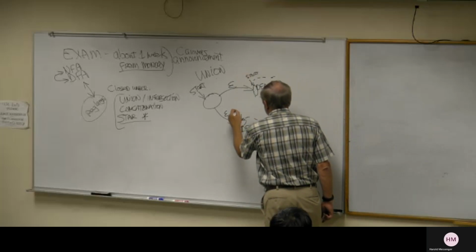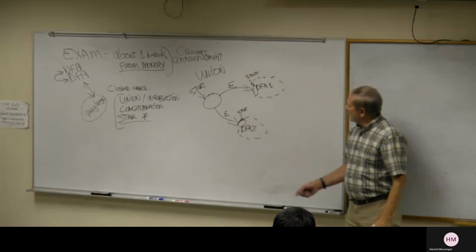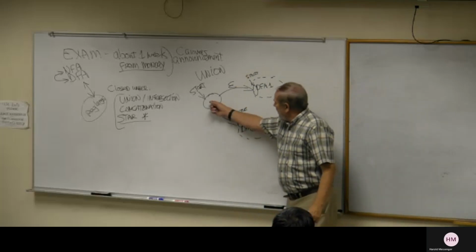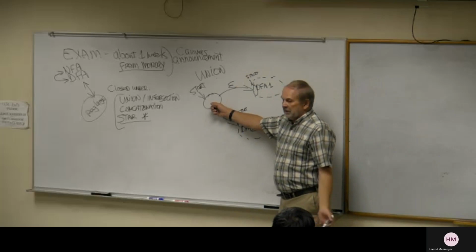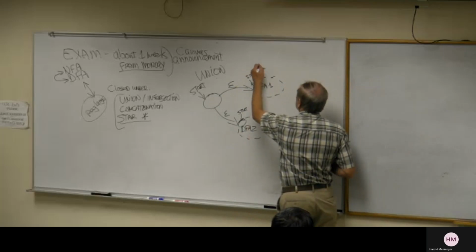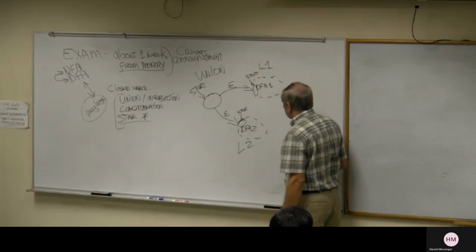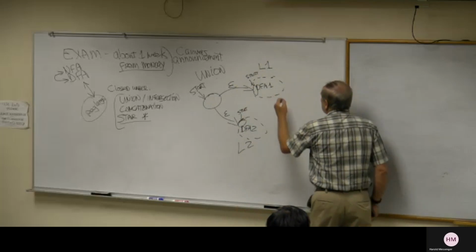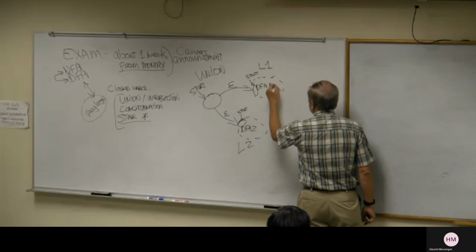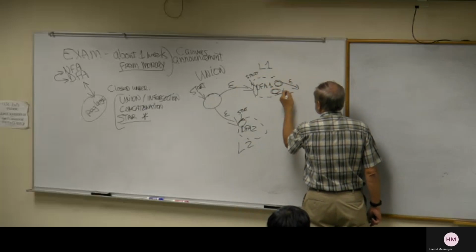So from this epsilon, I start in the start state, and on an epsilon move I can either go to the first DFA, of language 1, or this one, which is the DFA for language 2. Then I can go all through that, and from any of its final states I'll have epsilon moves that get me to my final state.